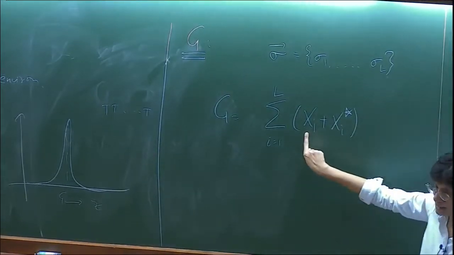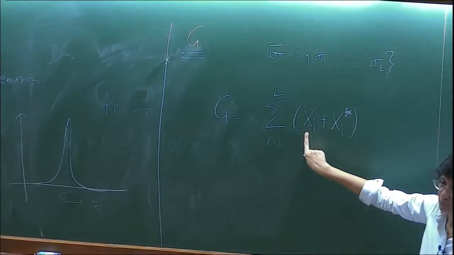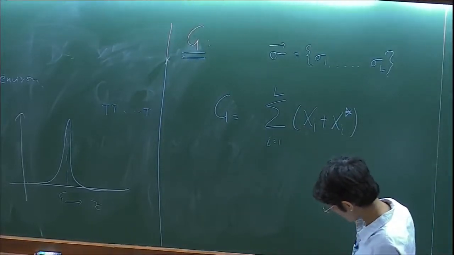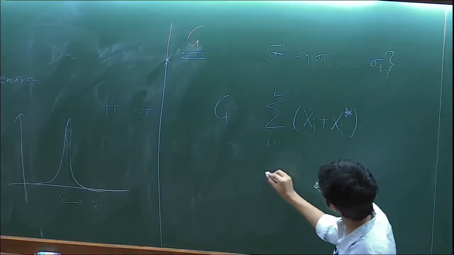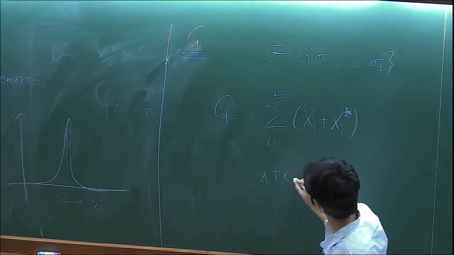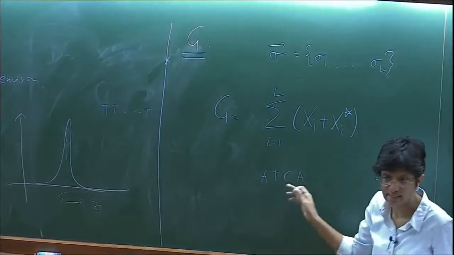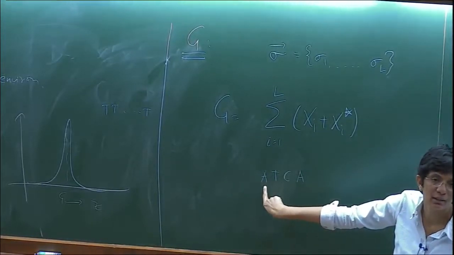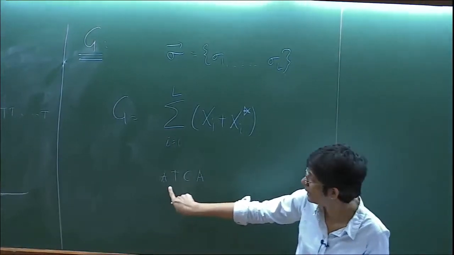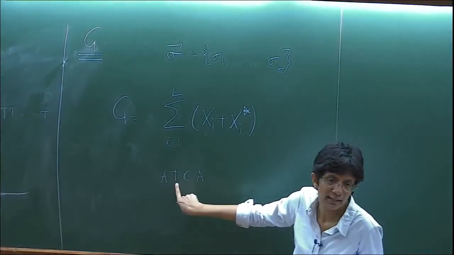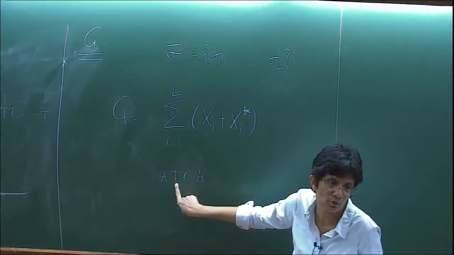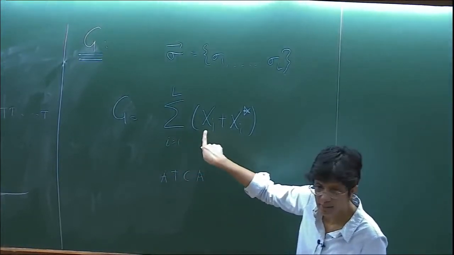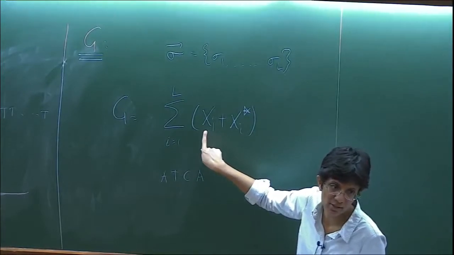Here, this is the effect of having, so suppose I had a sequence like this, A, T, C, A, let's say L is 4. If I had an A, let's say it increases the height by 5 centimeters. If it has T, then maybe it decreases the height by 2 centimeters or something like that. So by the G, I mean whatever is the state and its effect. That's what I'm denoting by x_i.